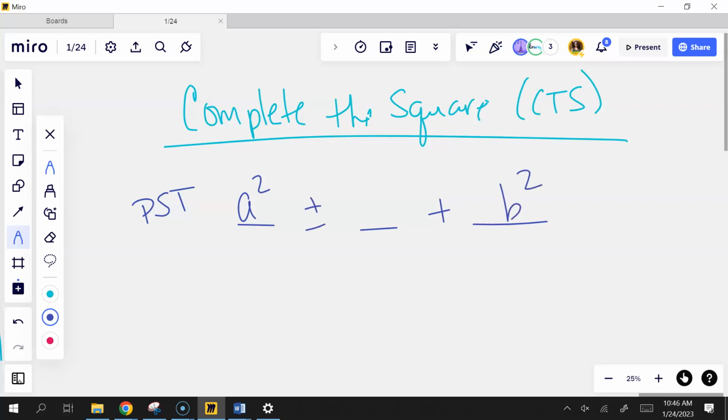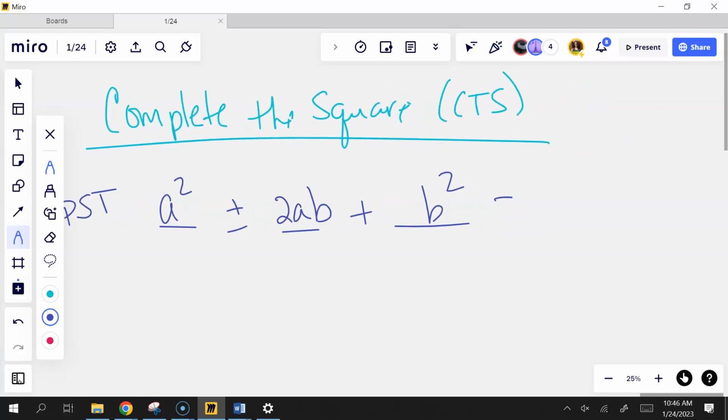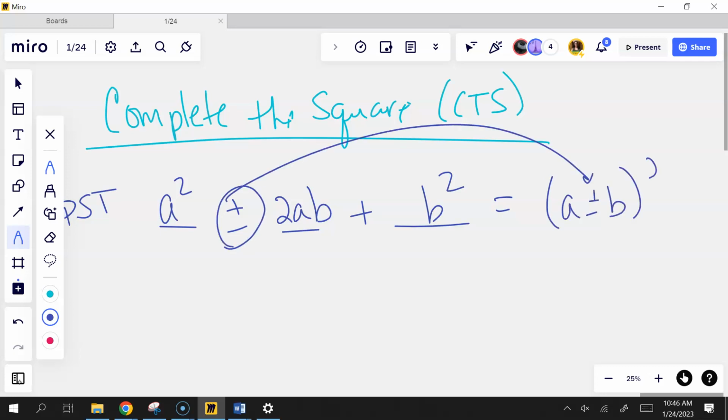That's exact, not add, but multiply. So the square roots of the ends multiplied and doubled gives you what's in the middle. So the middle of this is going to be 2ab. And if that works, then I end up with a, whatever this first sign is, plus or minus b squared. And so it's an easy factor, okay?